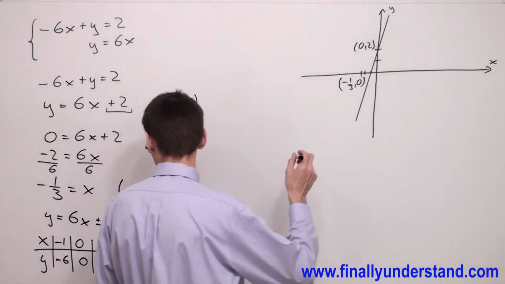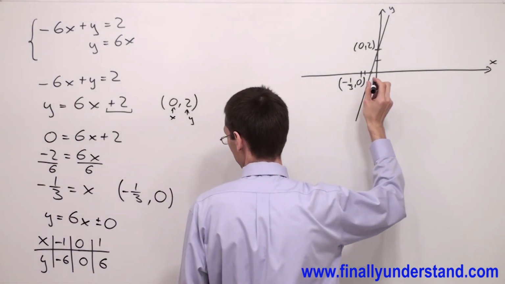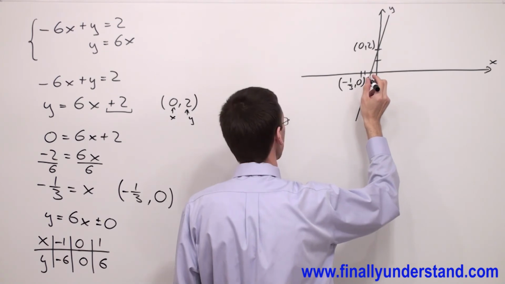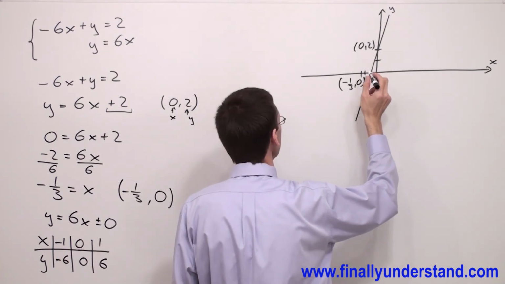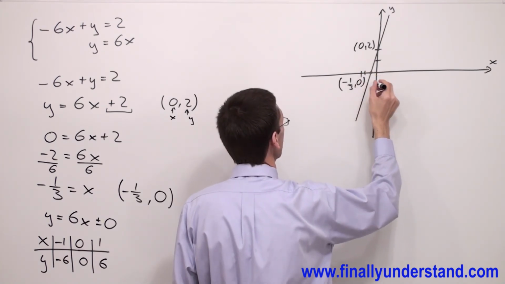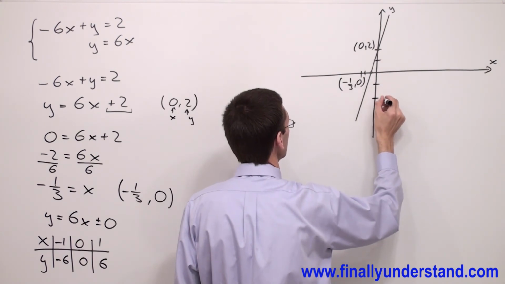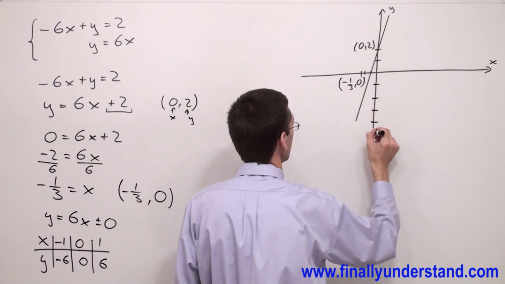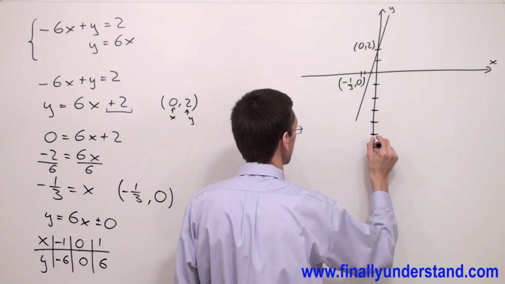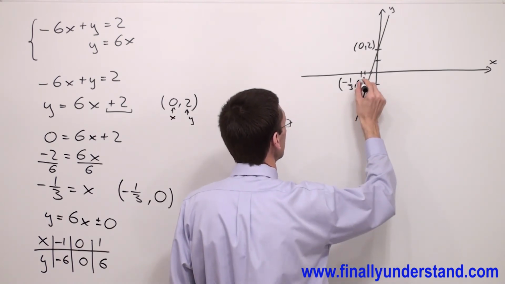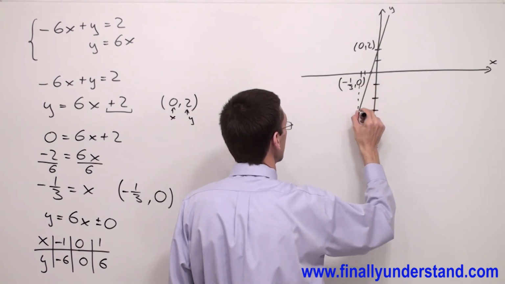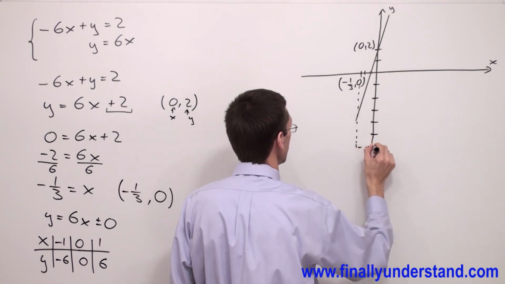Okay, so let's take a look at what we have over here. So I have x equal to -1 and y equal to -6. I have -1, I have 1, 2, 3, 4, 5, 6. Okay, so this is my first point.